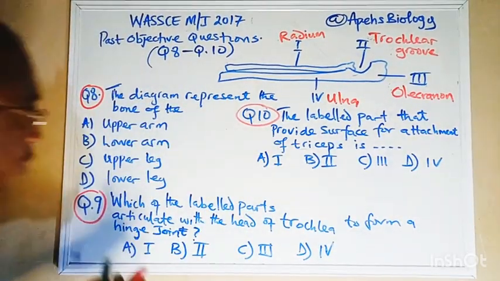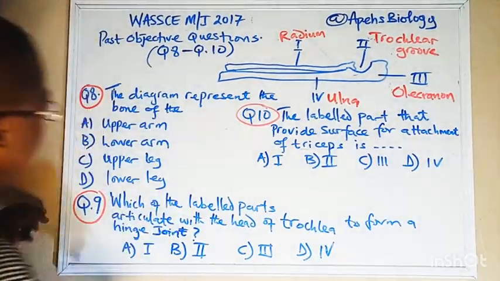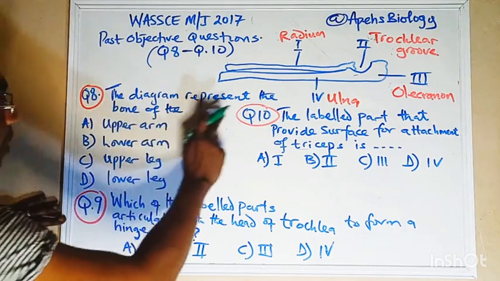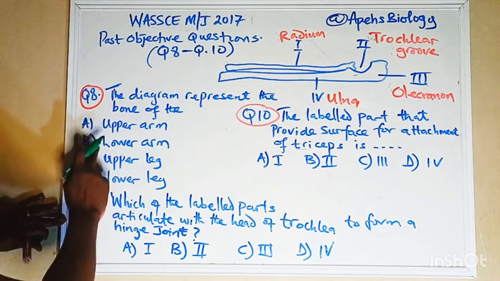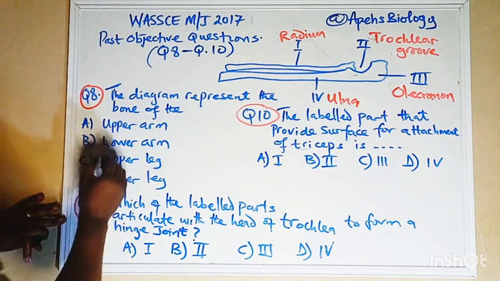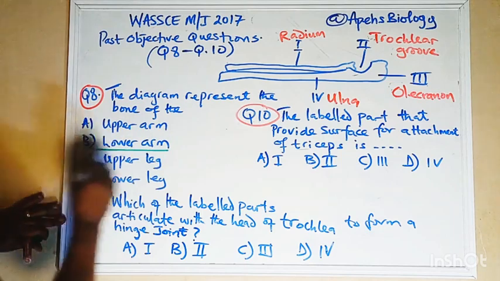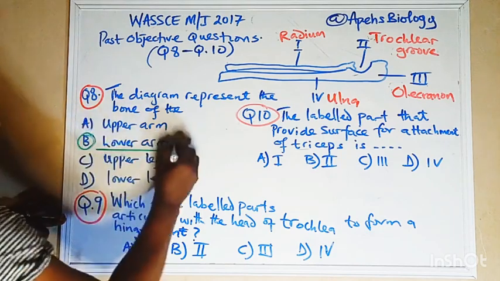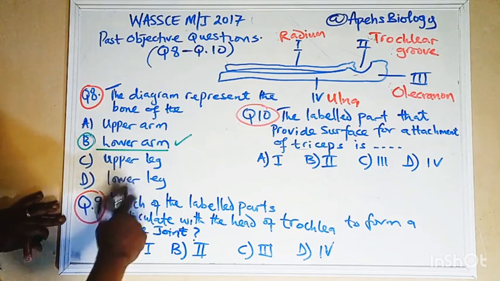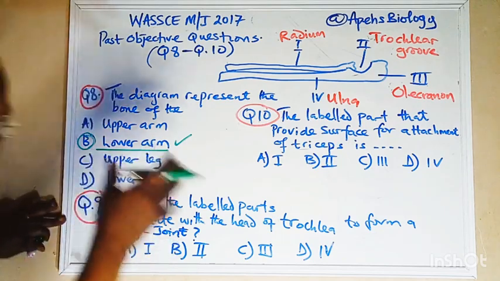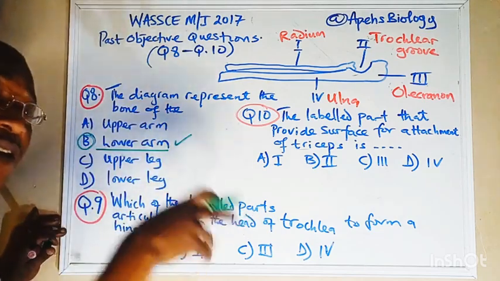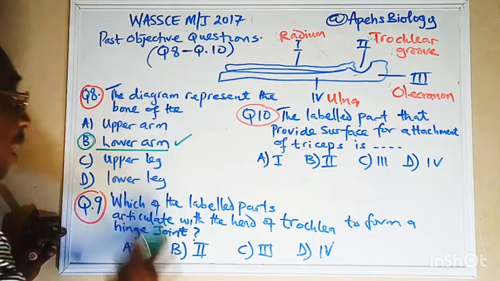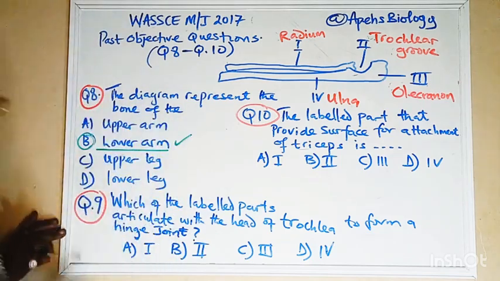Now let's answer the question. The diagram represents the bone of the A, upper arm, B, lower arm, upper leg. The answer, of course, is lower arm. It cannot be the upper leg or the lower leg. The upper leg shows the bone of the thigh, the femur bone. It has nothing to do with the leg here. So that's the answer for number 8.